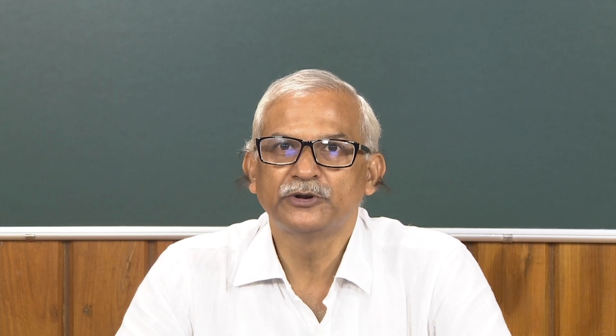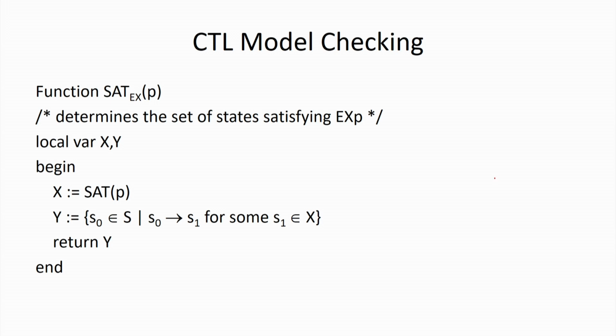Now, what is the CTL model checking algorithm? Simply look at the operator EX: there exists a path in which, next, p holds. We know the method.